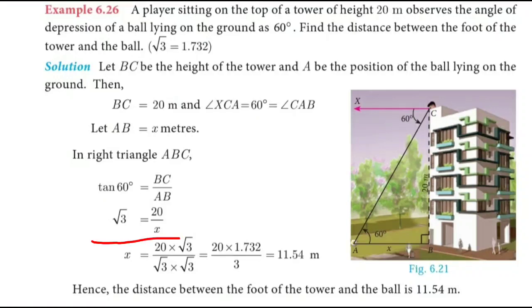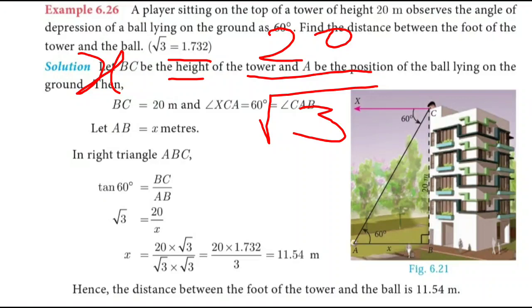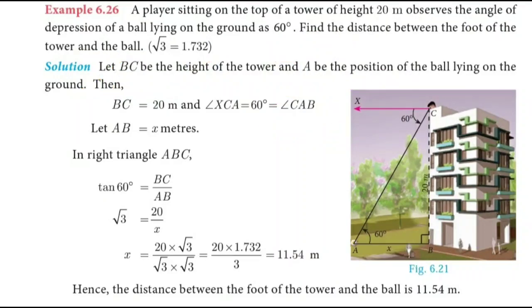Then root 3 is equal to 20 divided by x, since tan 60 is equal to root 3, BC is equal to 20 and AB is equal to x. Then x shifts to the left hand side and root 3 shifts to the right hand side. We get x is equal to 20 divided by root 3.